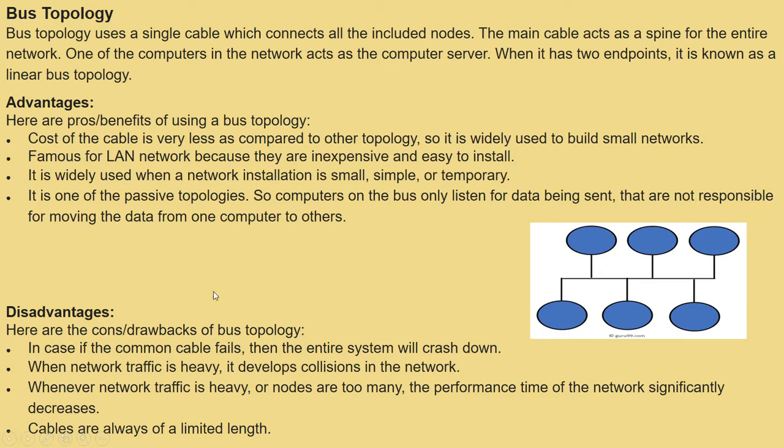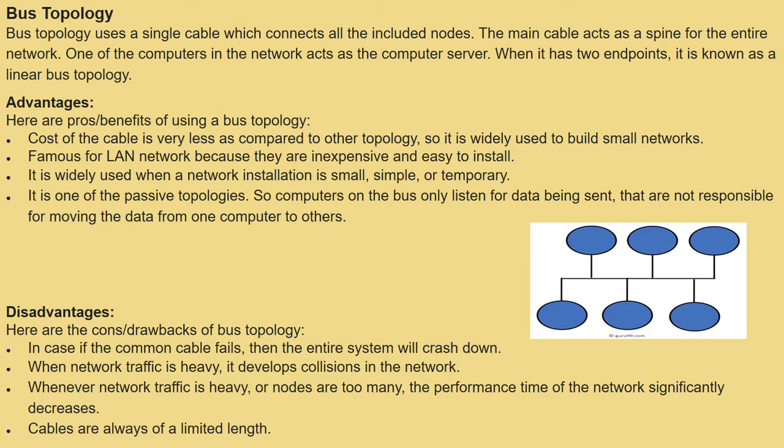They are not responsible for moving the data from one computer to another. So these are the advantages of bus topology, but this topology also has some disadvantages. What are they? If the common cable fails, then the entire system will crash down.